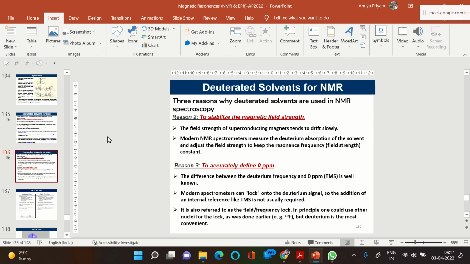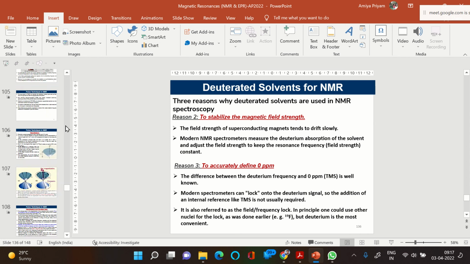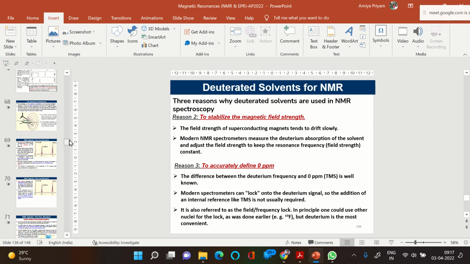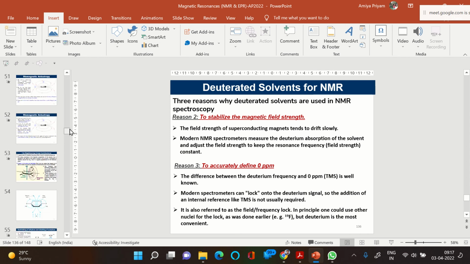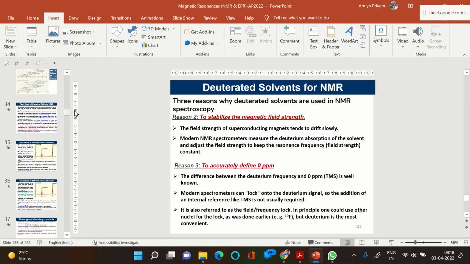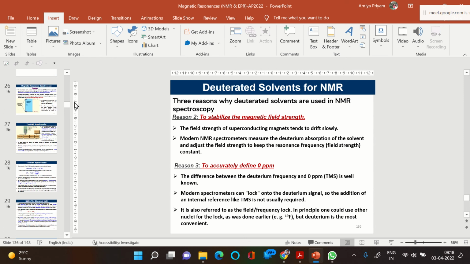Many times on the internet people say this, but we have seen in early classes, I told you that deuterium is magnetically active. I can show you the chart where we have actually compared. You have one proton, one neutron, so the spin is not compensated.